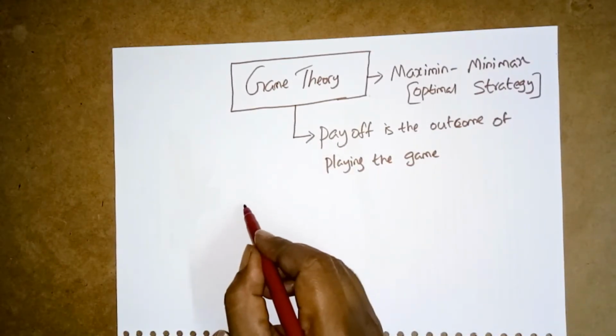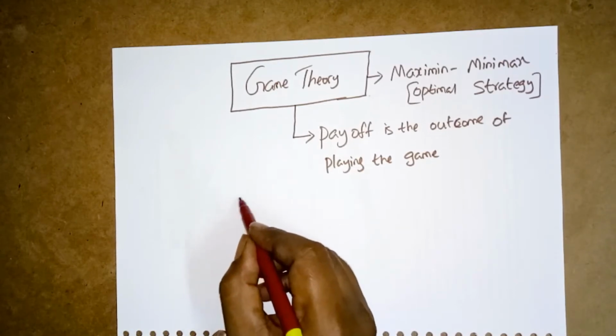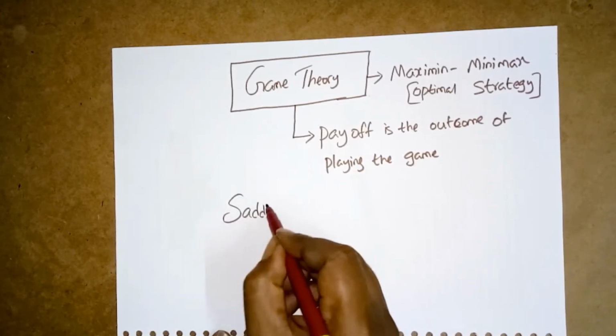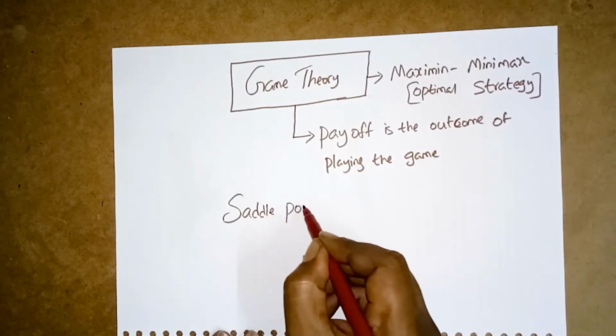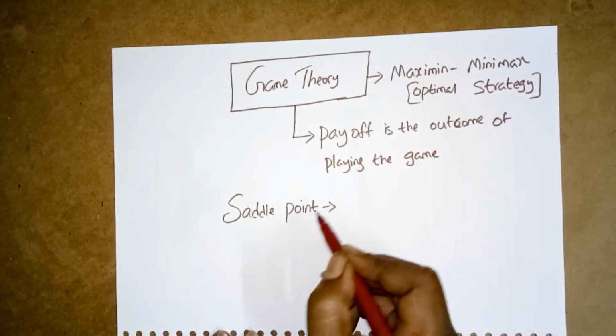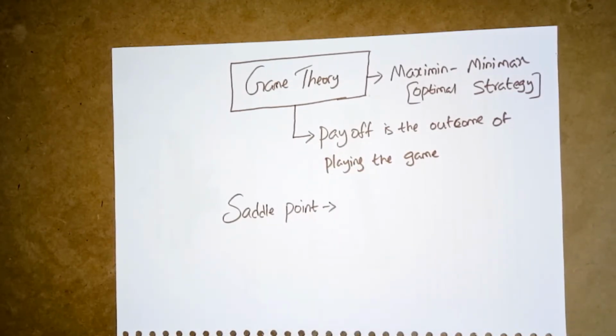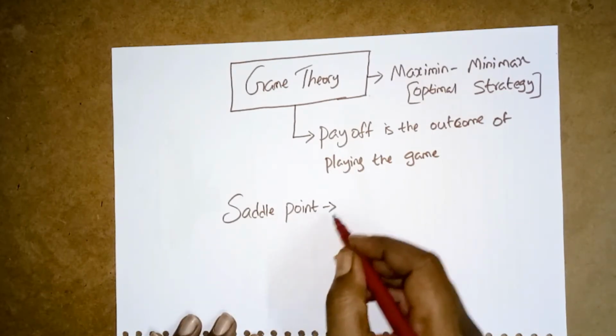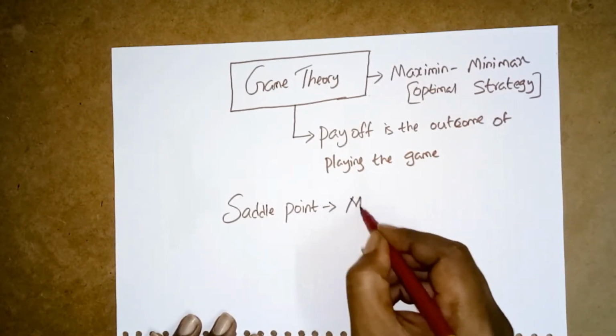Apart from this we have one more term, that is the saddle point. A saddle point is a position in the payoff matrix where the maximum of row minima coincides with the minimum of column maxima, right? So it's like vice versa.